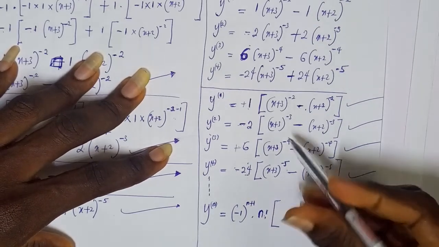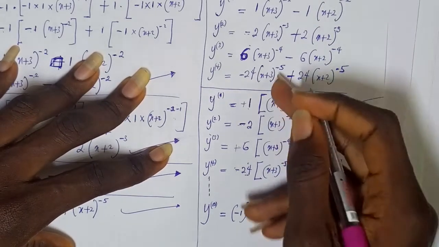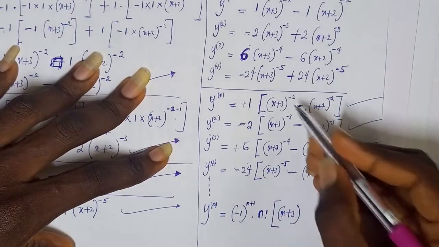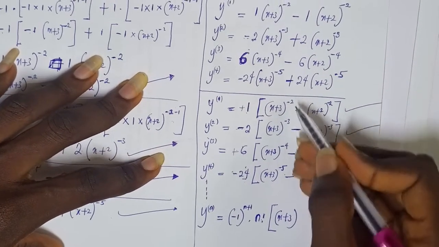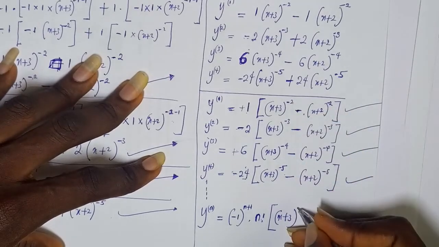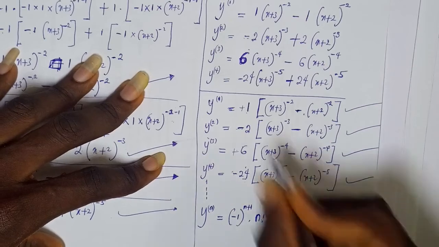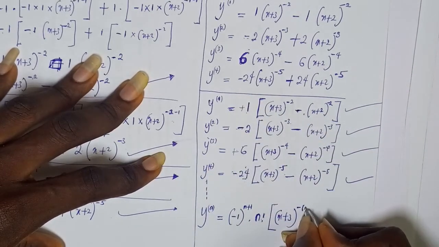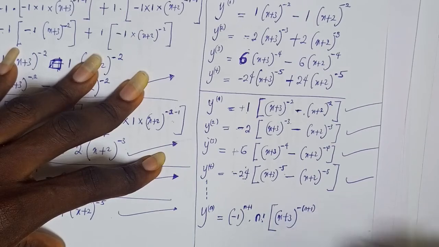So what do you have left? A bracket open. I have x plus 3 fixed for everything. So x plus 3 is common to all the expressions I have inside. And then there is an increase. I have a negative sign outside there. When I have 1, I have 2. When I have 2, I have 3. That means there's an increase in the nth term.